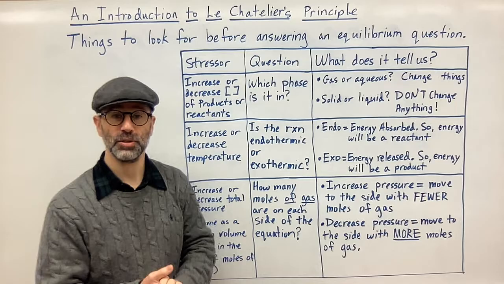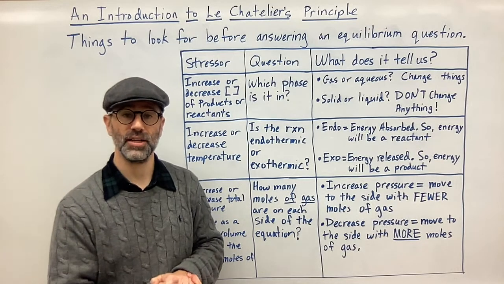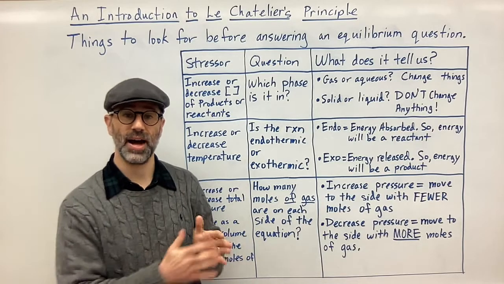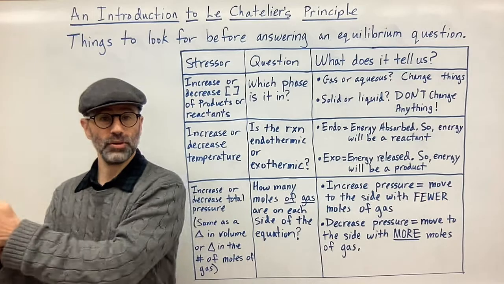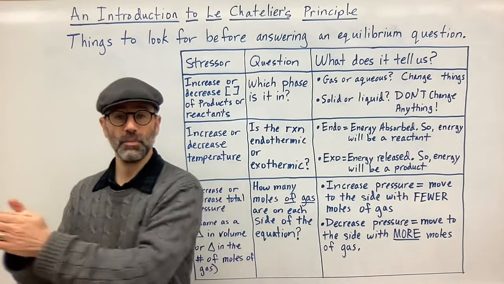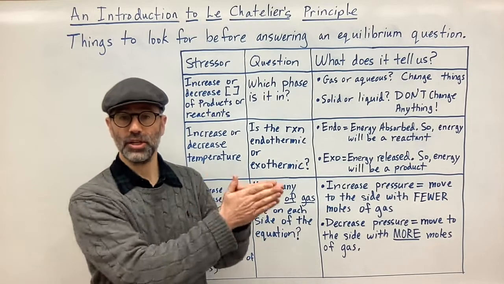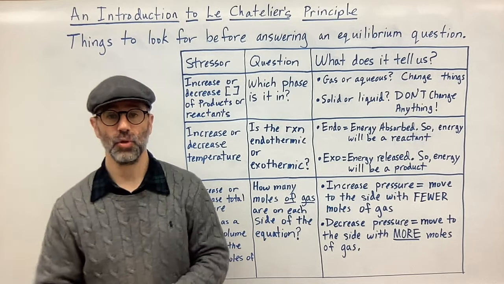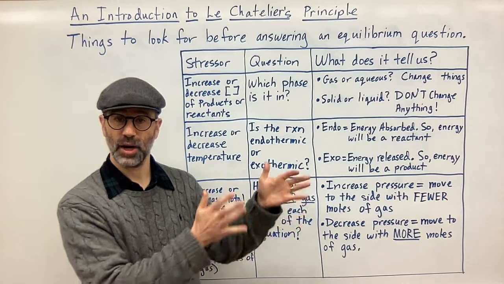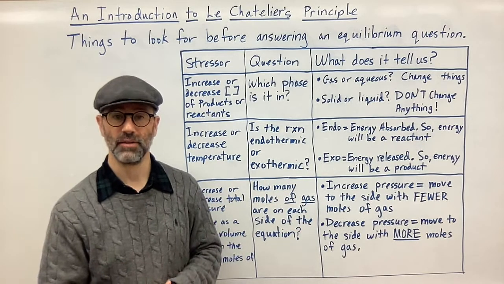So Le Chatelier's principle would say, well, if I'm increasing the reactants, then the reaction is going to undo that by shifting towards the products, making more products and losing the reactants. So you would have a shift in that case towards products, right? Because the heat or energy is a reactant and you're increasing the amount of that reactant.